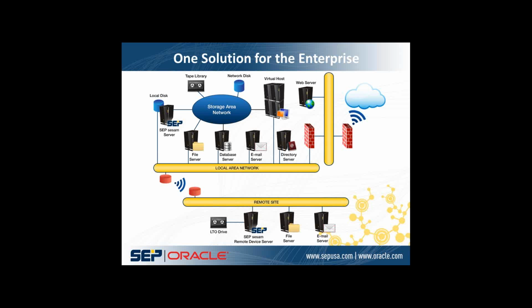Along the bottom here, right under the SAN, we have several different servers. We have a file server, a database server, an email server, and if those are directly connected to the SAN, we can do what we call a LAN-free backup. So for the file server and the database server, if that was an Oracle server, we could directly back up that data from those servers directly to the SAN.